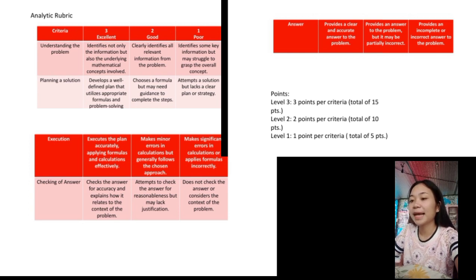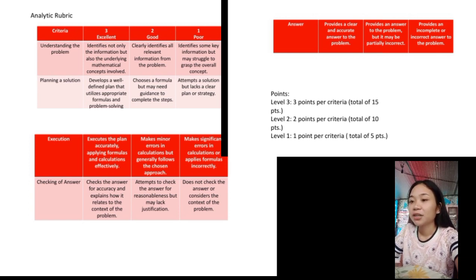The student gets 2 if he or she only chooses a formula but may need guidance to complete the steps. Next we have 1 or poor, if the student attempts a solution but lacks a clear plan or strategy.